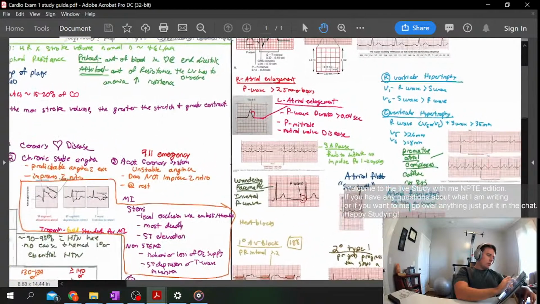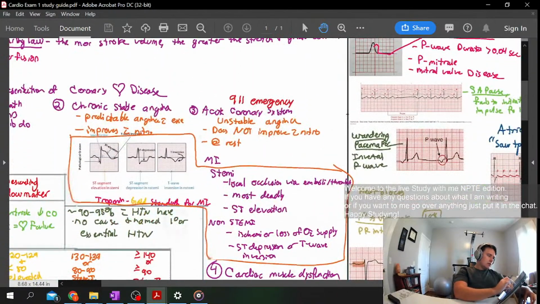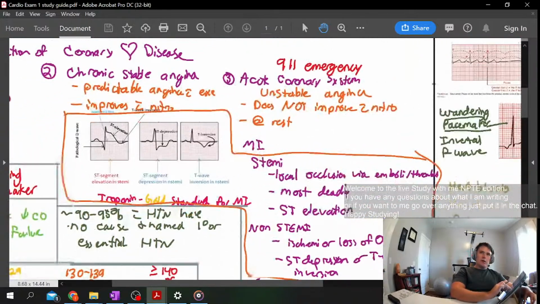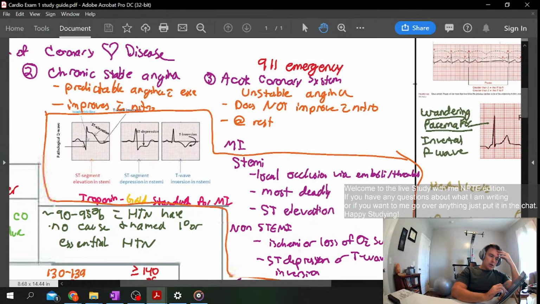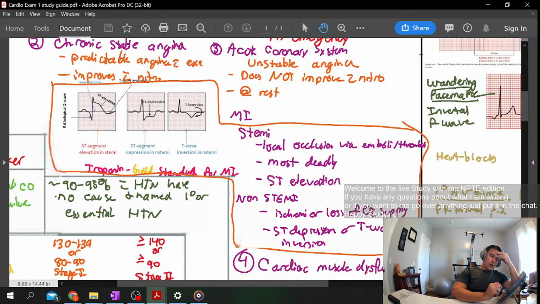So one thing to remember, I've seen this on a test, is this right here. If it has any problem with the ST segment here, you're already thinking a STEMI or non-STEMI. STEMI is ST elevation myocardial infarction. Non-STEMI is ST depression or T wave inversion.